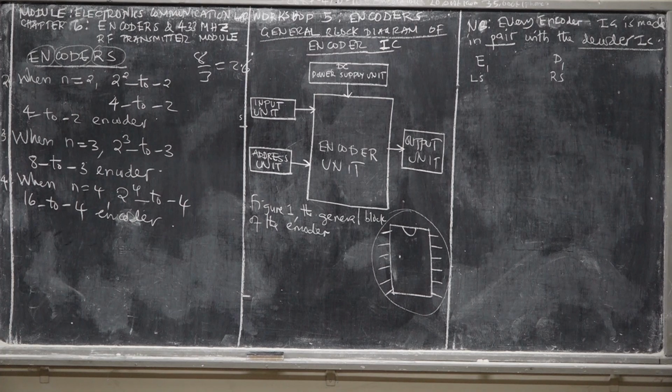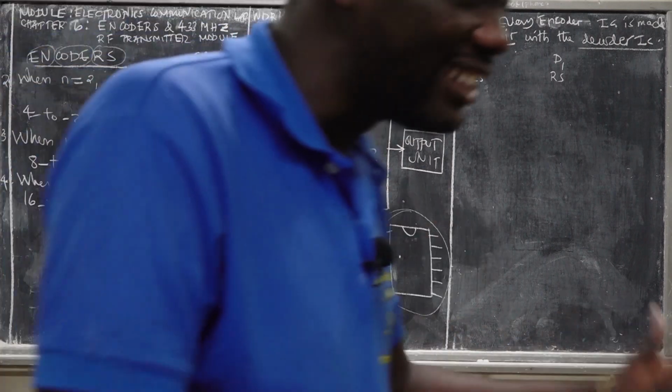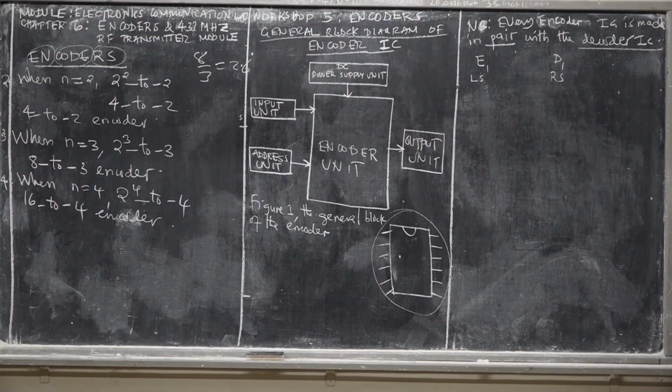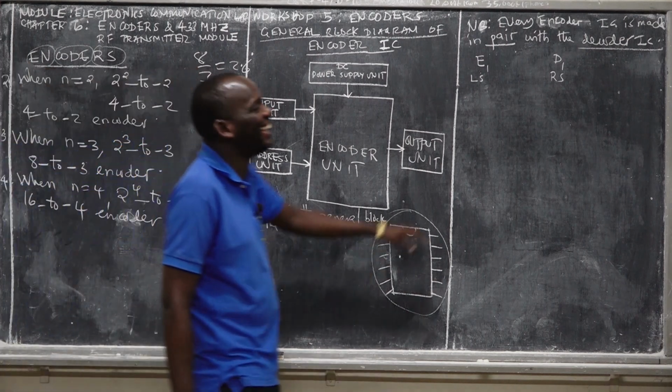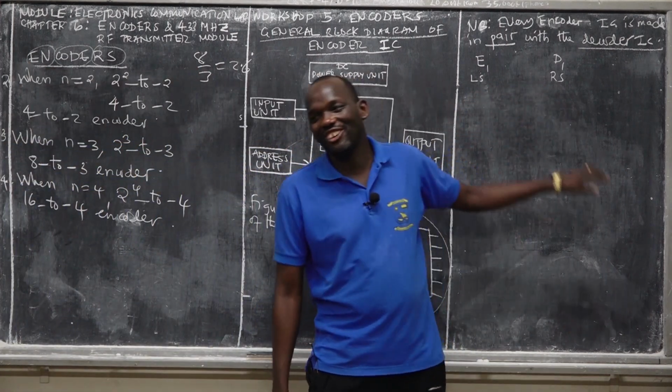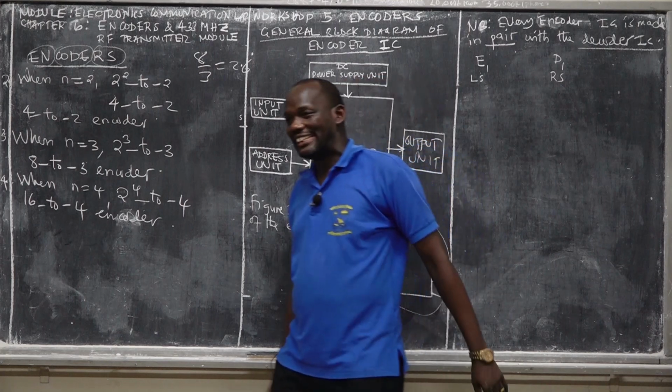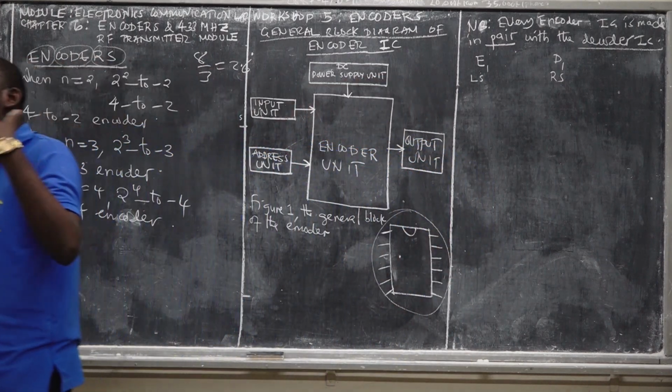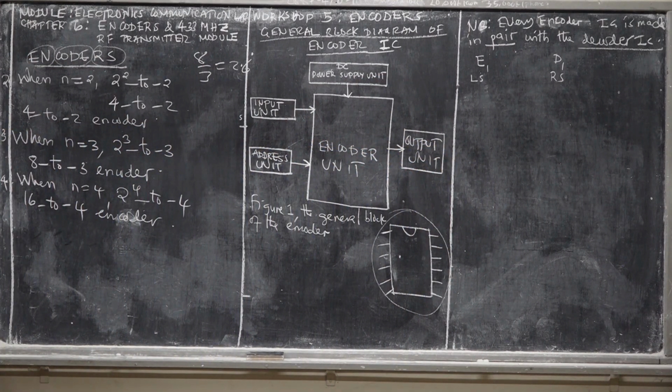Can you wear two different types of shoe? Show us. No, everybody wears the same type of shoe. So that is the principle of designing the encoder and the decoder.